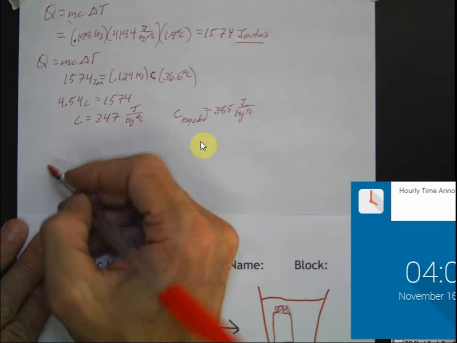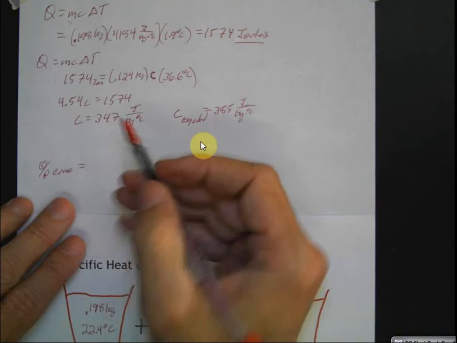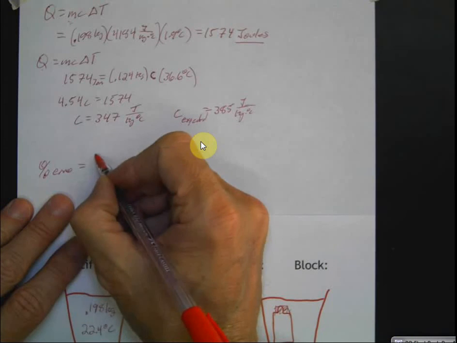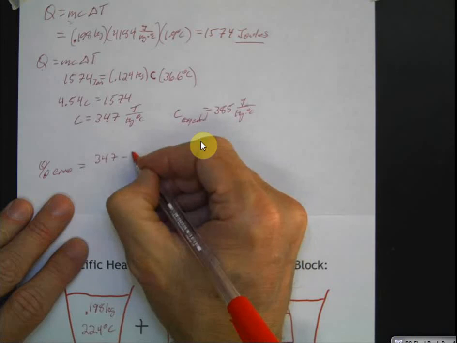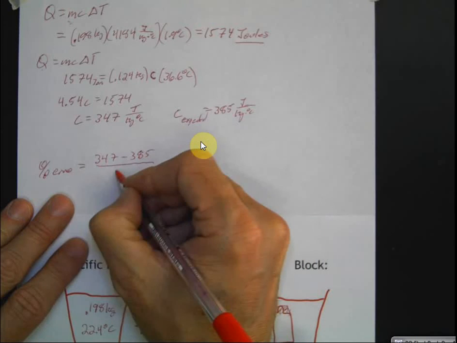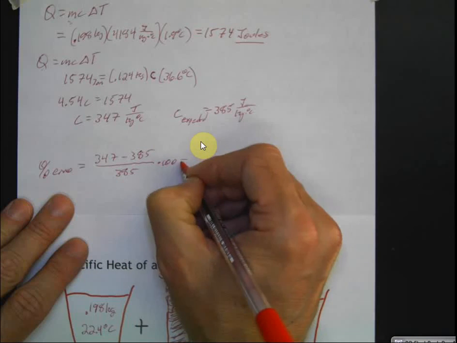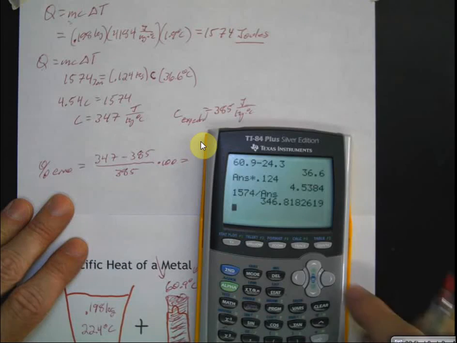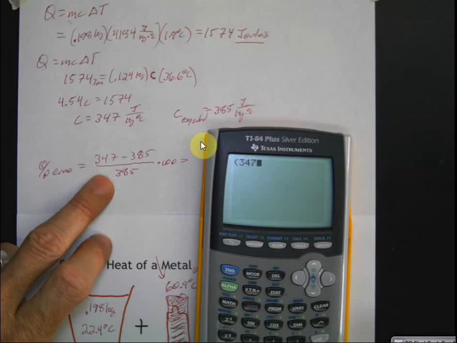Okay, so percent error is a comparison between what I got, my value, which is going to be 347, minus the expected value, which is 385, divided by the 385, the expected value. We're going to times 100 because we want a percent. And so we can take a look here. We're going to use parentheses and go 347 minus 385. And we're going to divide by the 385.